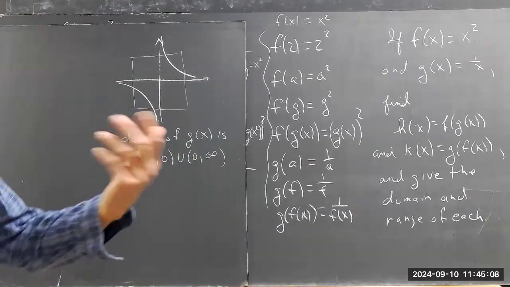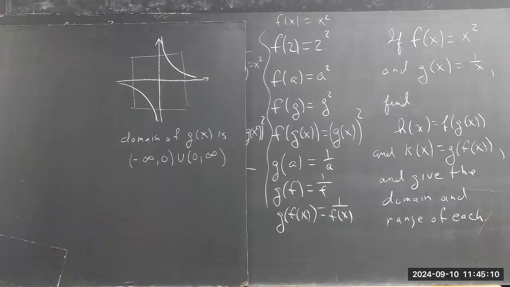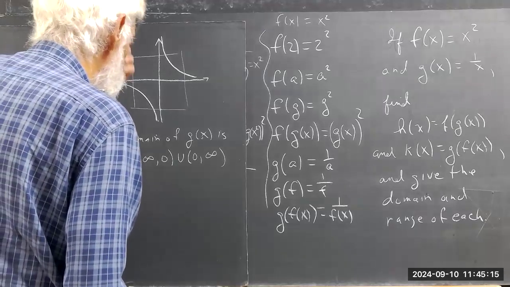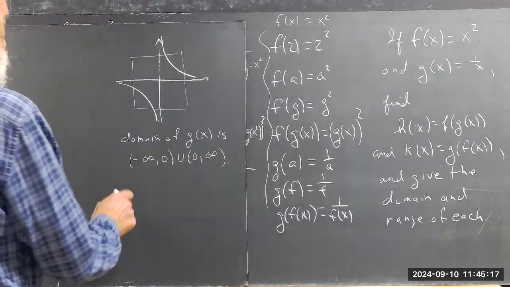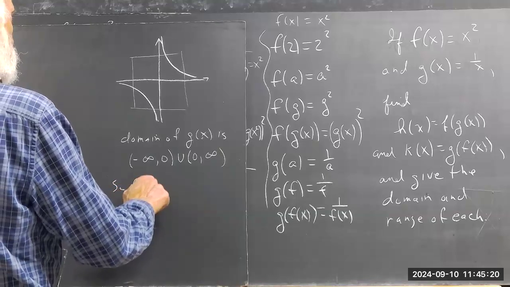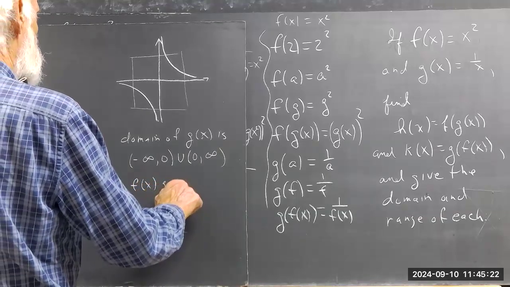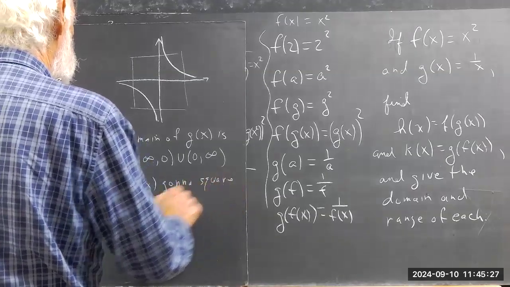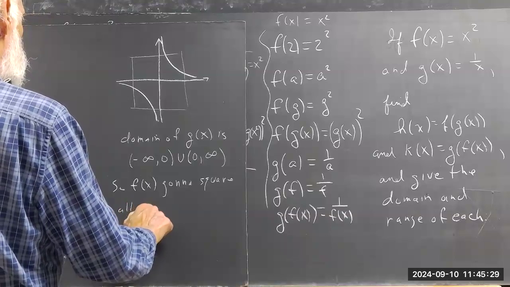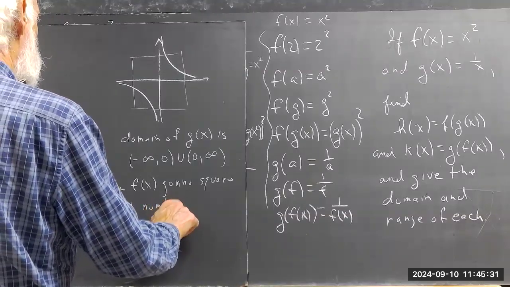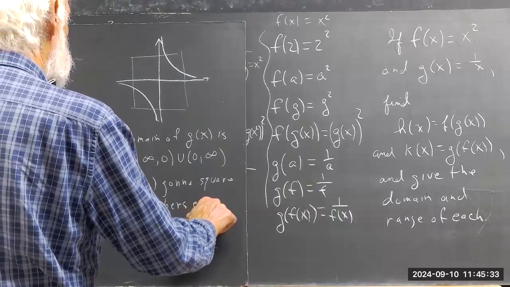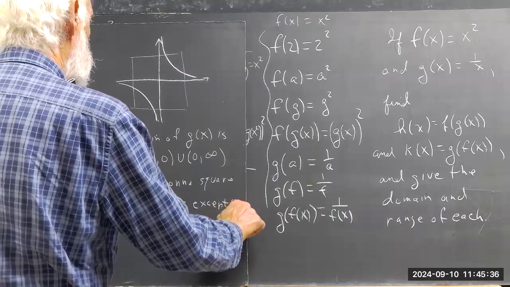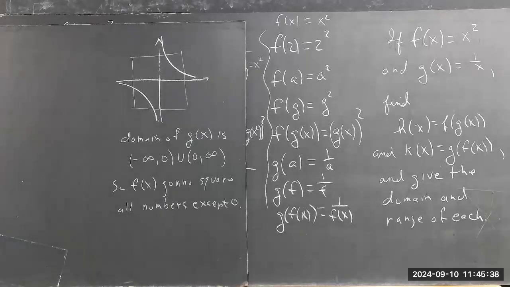You had that from math assignments. Okay. So f of x is going to square all numbers except 0, because this is all numbers except 0.